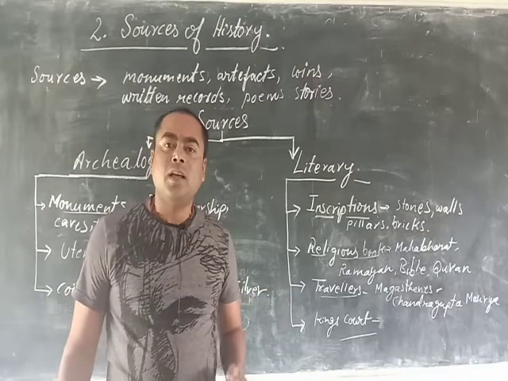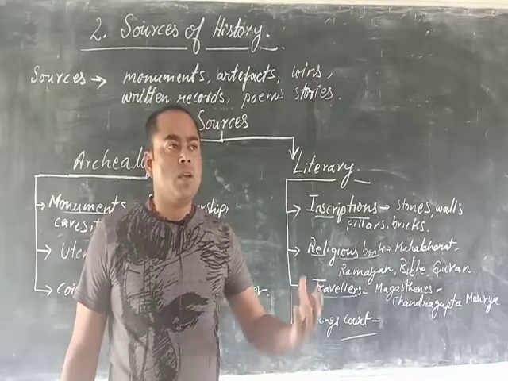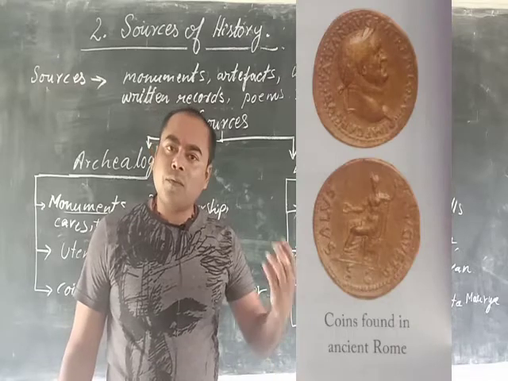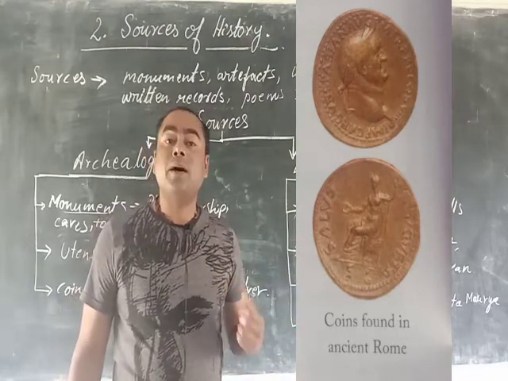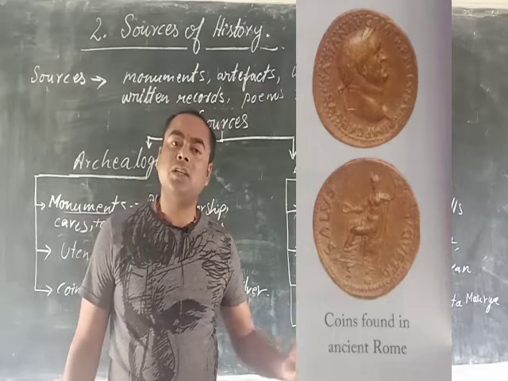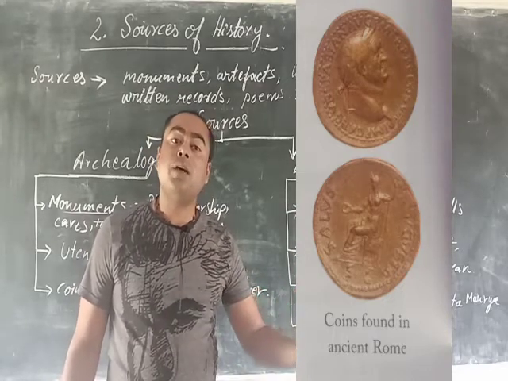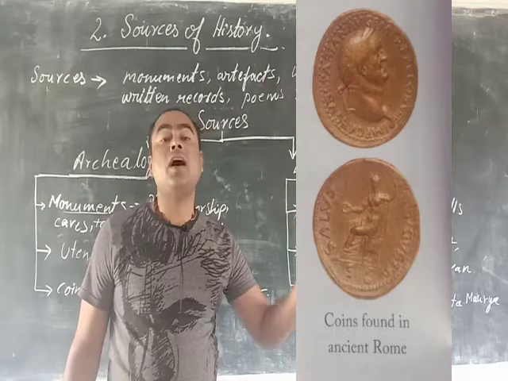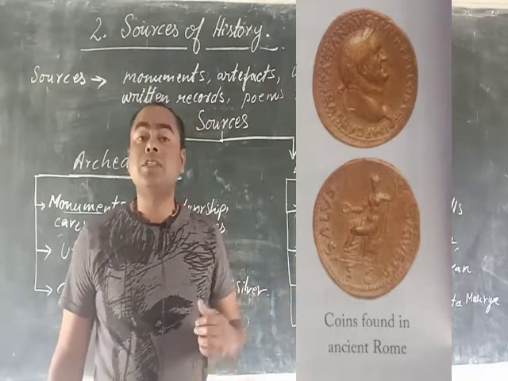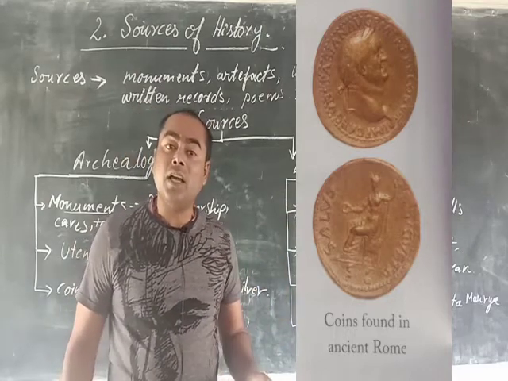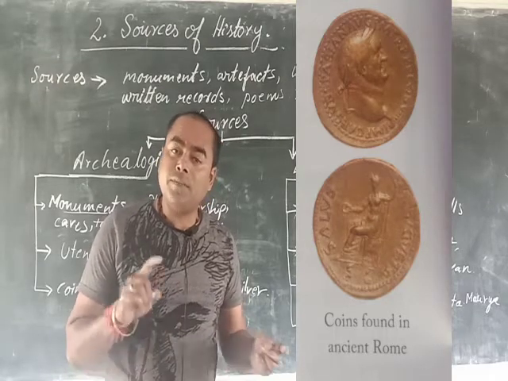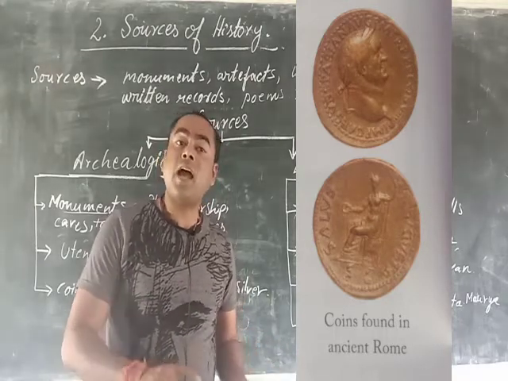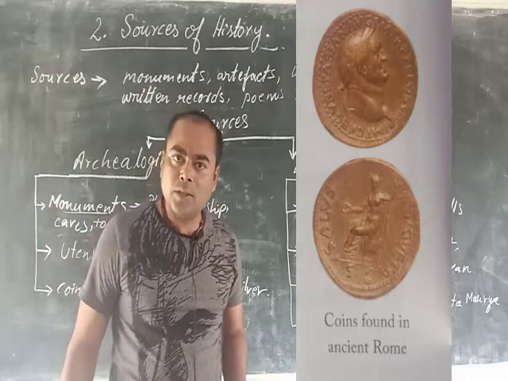Gold coins of India were found in Rome. They were buried under the earth's surface of Rome. Some gold coins from ancient India are found in Rome, which tells us there was trade between India and the Roman emperor.